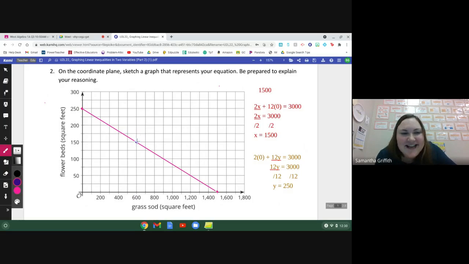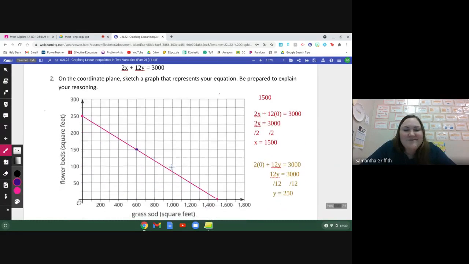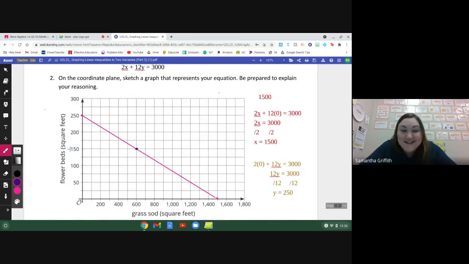So I hear you saying she was able to buy 150 square feet of flower beds and 600 square feet of grass sod. There's one other piece to that. She was able to buy those quantities with her budget, with the $3,000. She could buy exactly that many square feet of flower beds and sod and spend exactly $3,000.